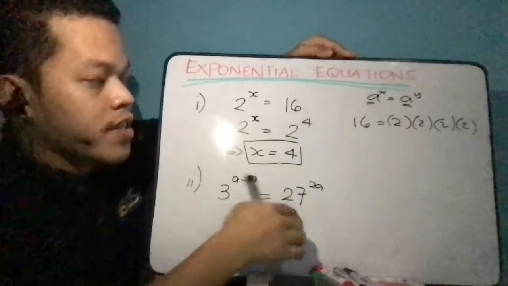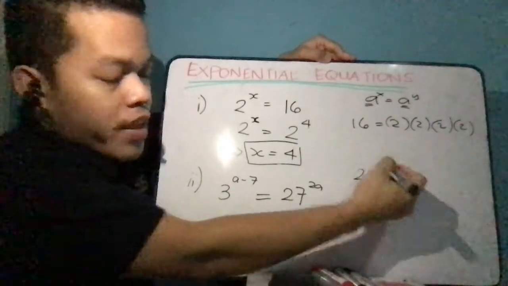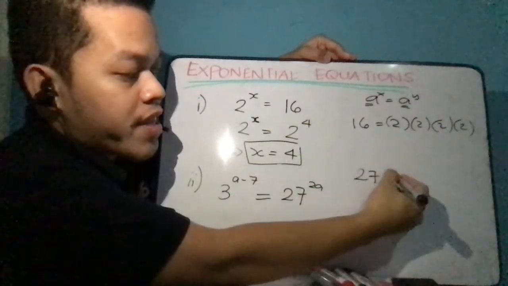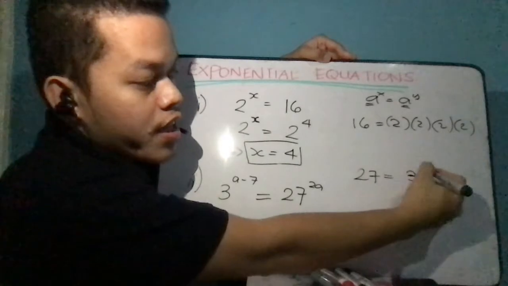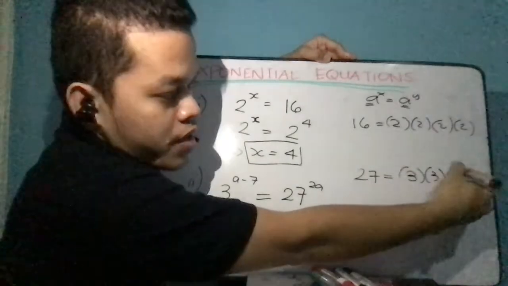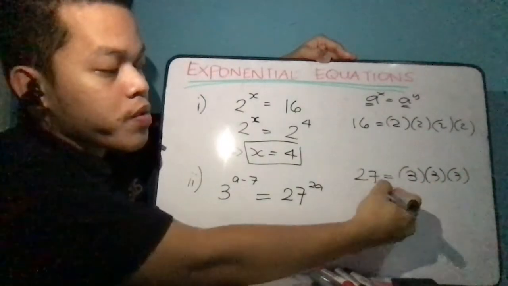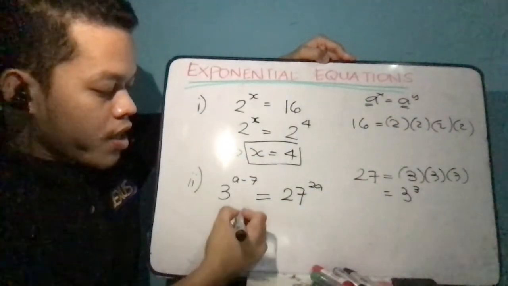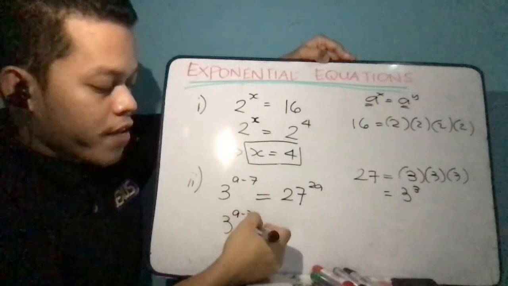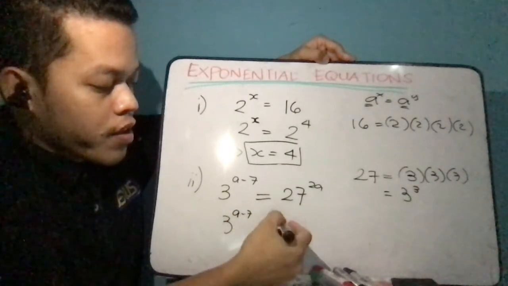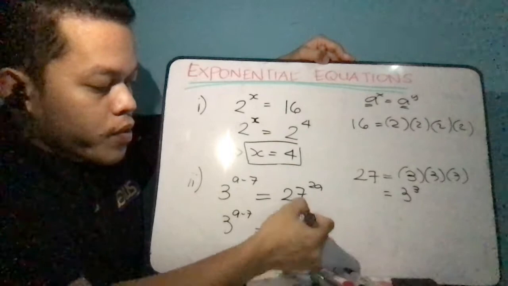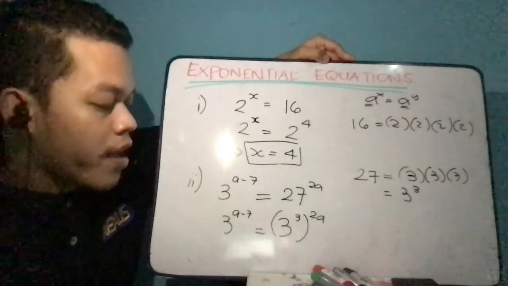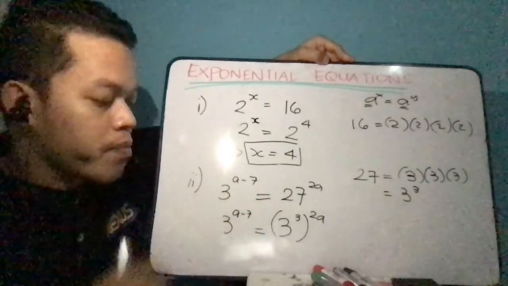And of course, we can transform 27 in terms of base 3, because 27 is 3 times 3 times 3, which is definitely equal to 3 cubed. So that means 3 to the a minus 7 is equal to 3 cubed to the power of 2a. So we have already expressed 27 in base 3.